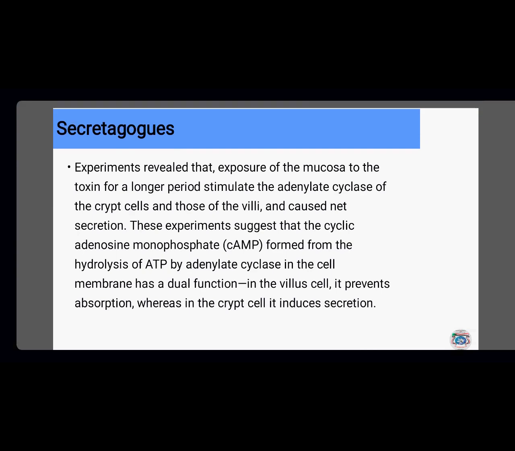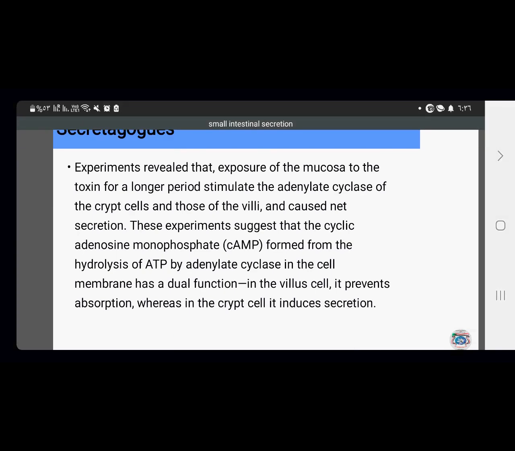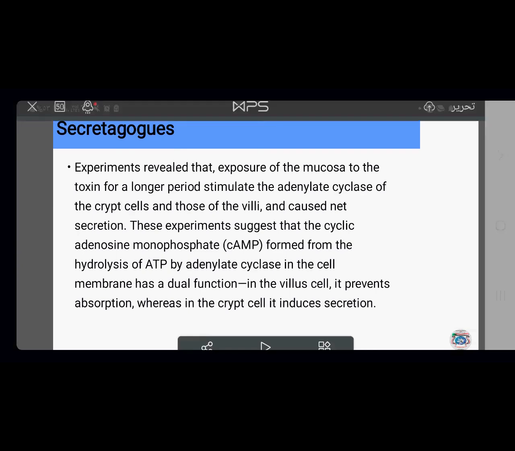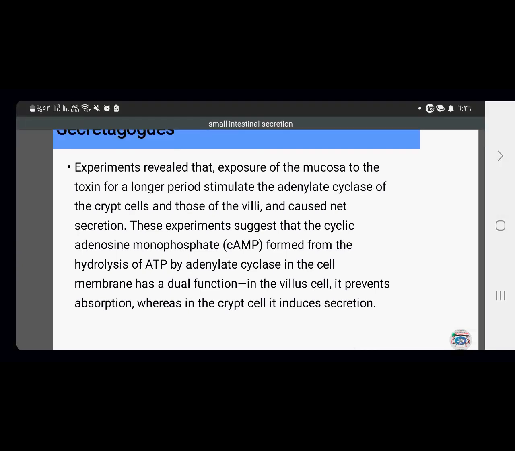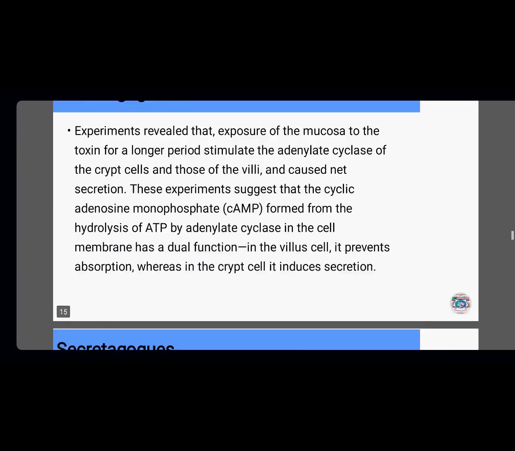These experiments suggest that the cyclic adenosine monophosphate formed from the hydrolysis of ATP, adenosine triphosphate, by the adenylate cyclase enzyme in the cell membrane has a dual function. Number one, in the villus cell, it prevents absorption, whereas in the crypt cell, it induces secretion. This is why they say it has a dual action or a dual function.